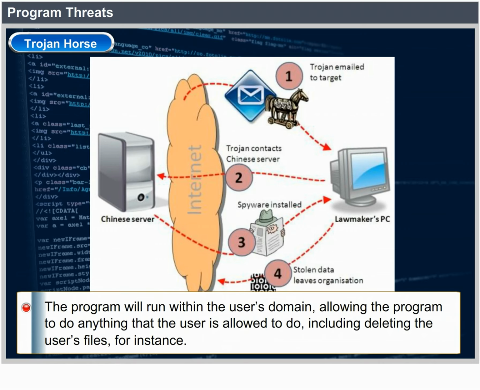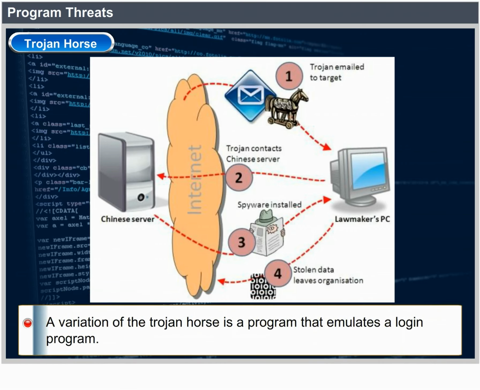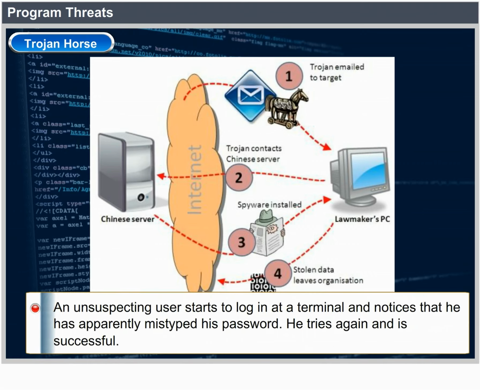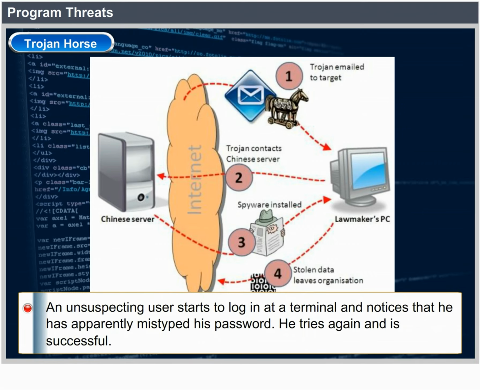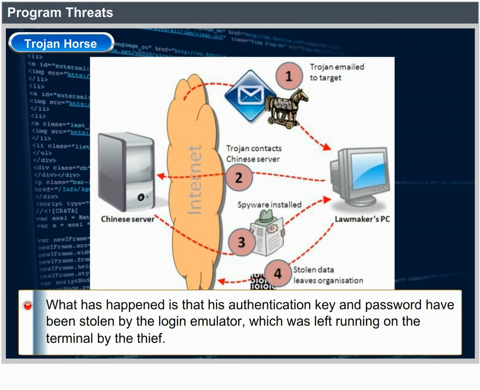A variation of the Trojan horse is a program that emulates a login program. An unsuspecting user starts to log in at a terminal and notices that he has apparently mistyped his password. He tries again and is successful. What has happened is that his authentication key and password have been stolen by the login emulator, which was left running on the terminal by the thief.